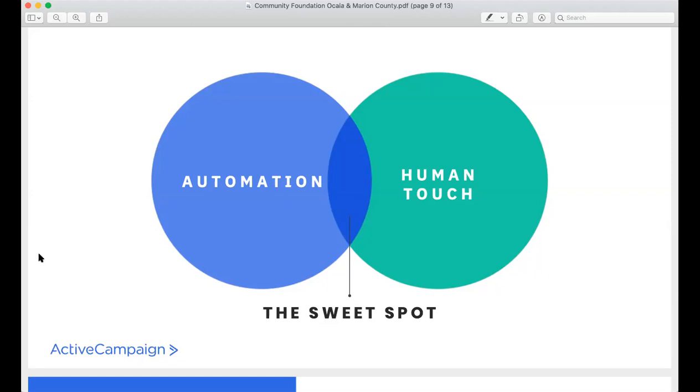I know a lot of nonprofits are heavily relationship based, and so we have some other tools there that you can use for regular day-to-day relationship management as well.